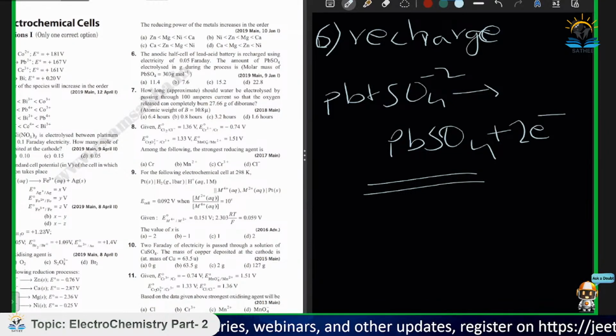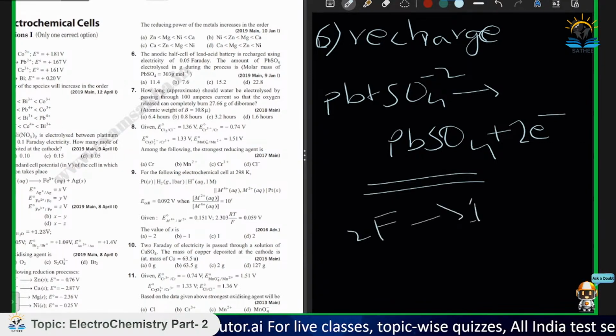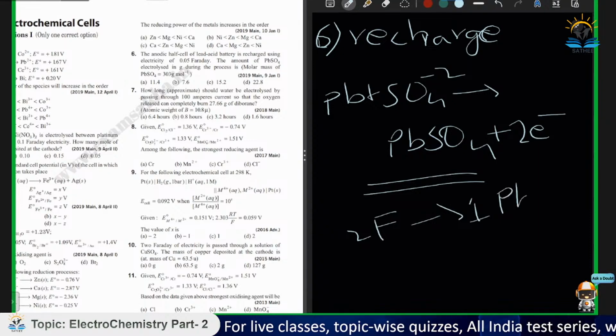You will have Pb plus 4 also. Basically, for two electrons transferred, one Faraday will get 1 mole PbSO4.